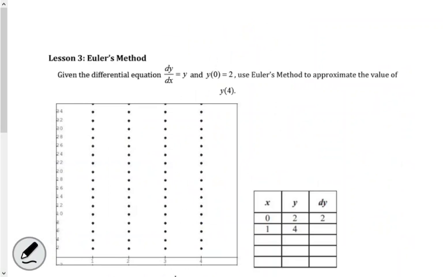All right, so you start with the point (0, 2) right here, and you do the same thing that you did with the tangent line approximation. You make a small tangent line here with the slope that you know.